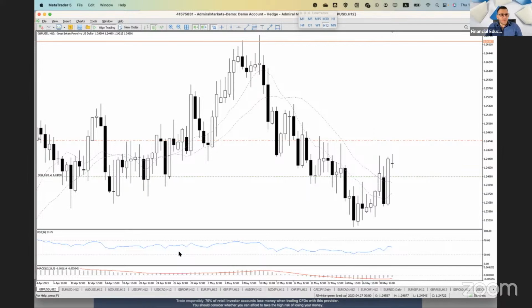So, in front of us, we see the US dollar and the pound, or if you prefer, the pound against the US dollar. I'm still in this trade.